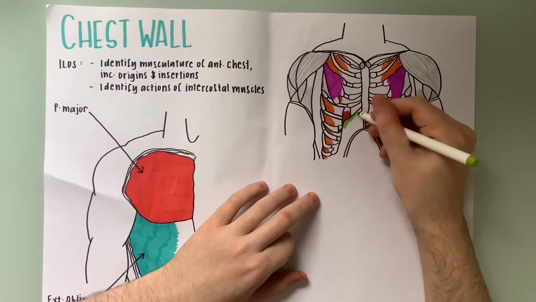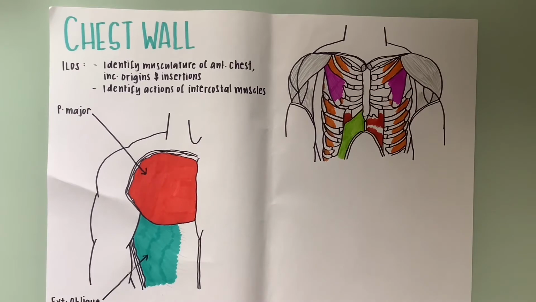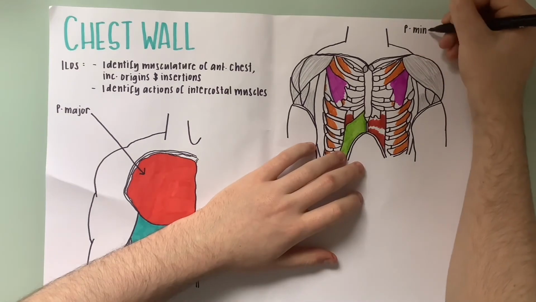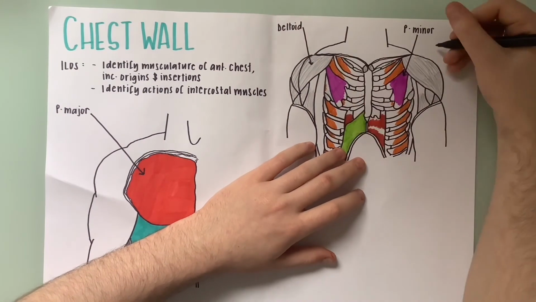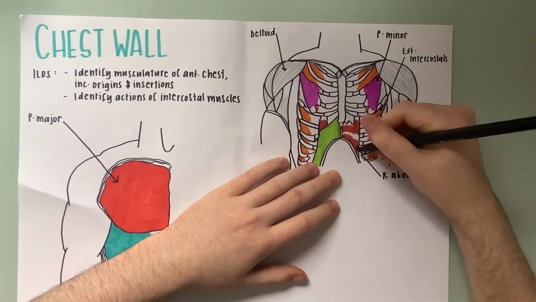In green, we can see internal oblique, which originates from the thoracolumbar fascia, the iliac crest, and the inguinal ligament, and inserts onto the inferior margins of the 10th to the 12th ribs, the adjacent costal cartilages, the linea alba, and pecten pubis. Deep to the internal oblique muscle, on the left-hand side of this individual, we can see in red the rectus abdominis muscle.